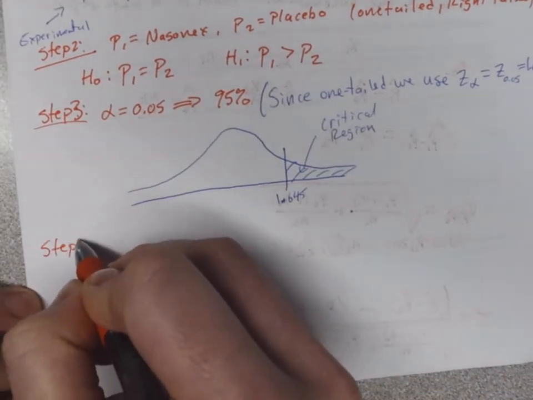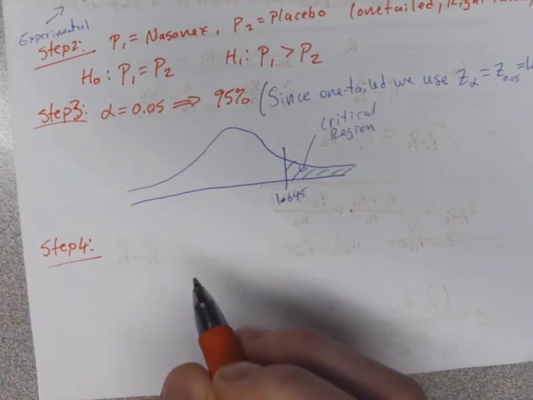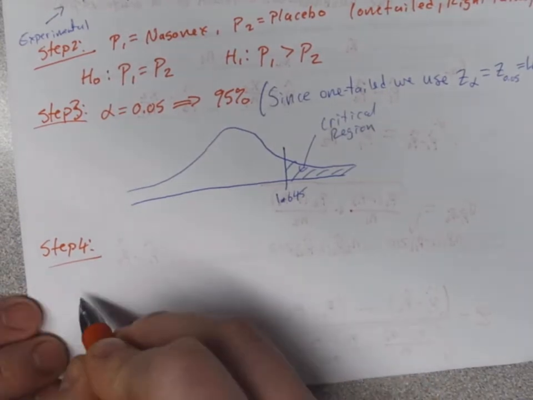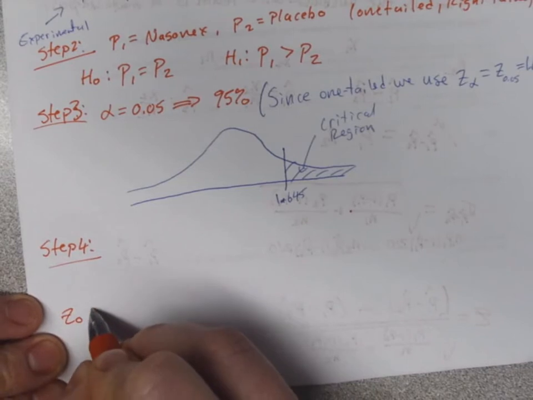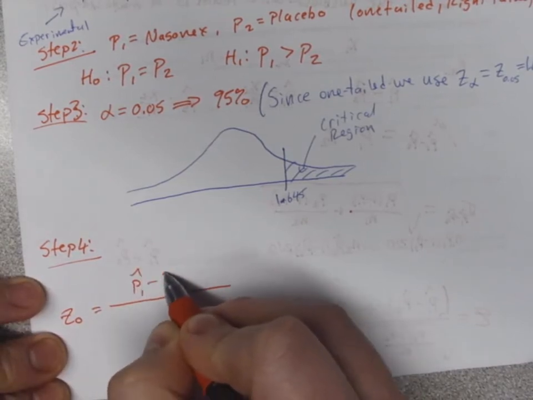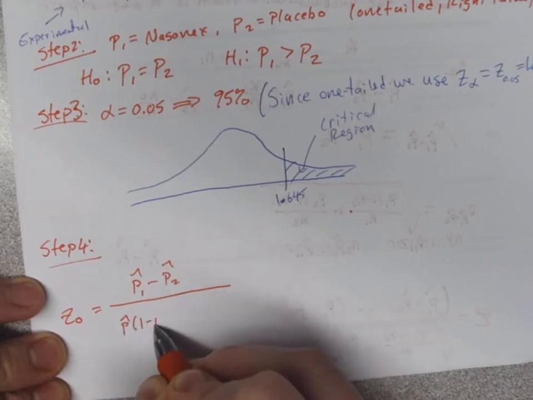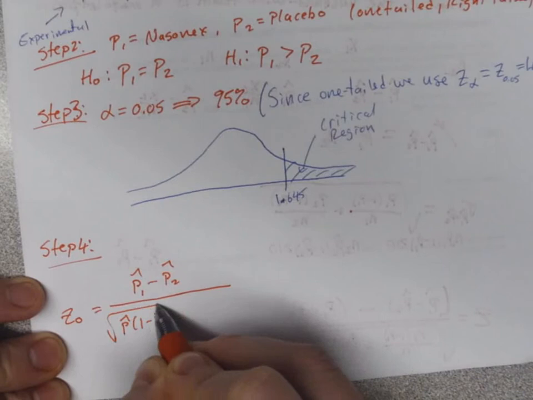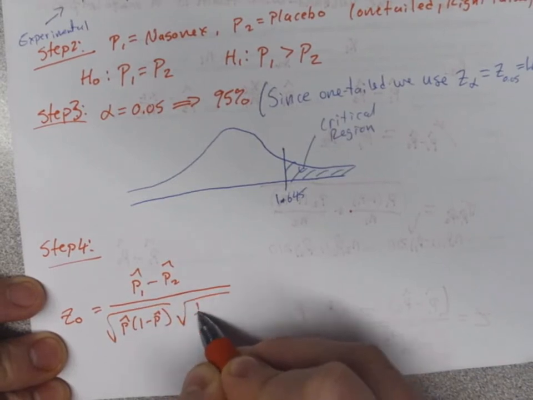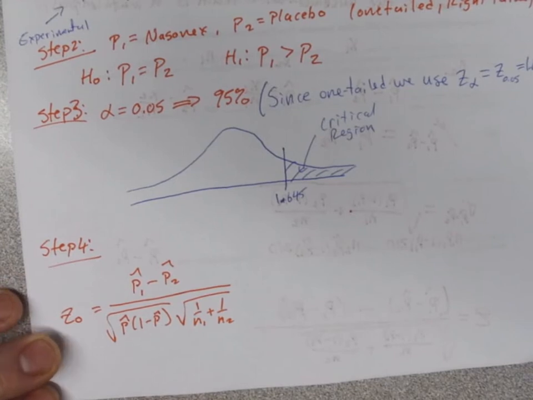Step 4. So let's write the formula first. It's Z naught is equal to this big ugly thing. Okay, and now we just plug in everything that we know.